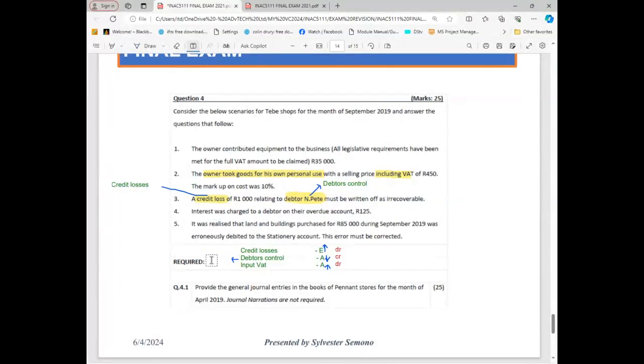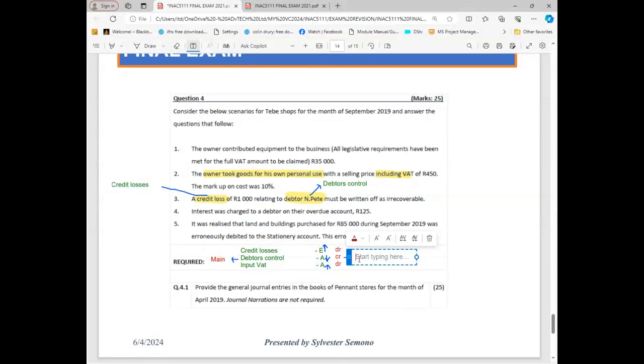Because the main account will always take the amount with VAT. So debtors control is the main account, and it is going to take the whole amount including VAT.